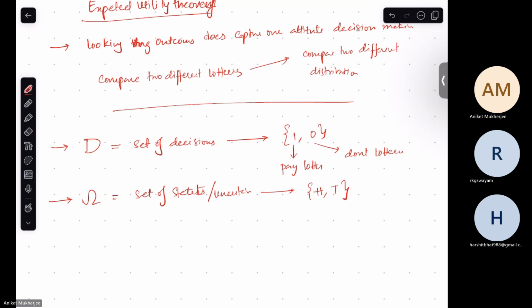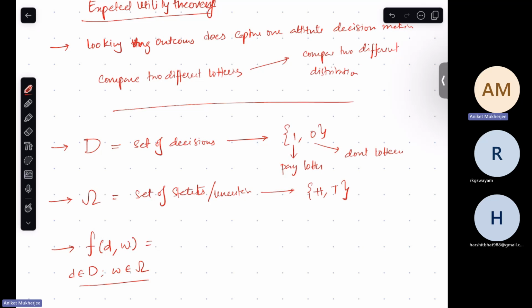Okay. Then you have the set of outcomes. Now, the set of outcomes basically depends on the decision that you have taken and the uncertainty in the system. So your small d belongs to a set of decisions and your small omega belongs to a set of states.